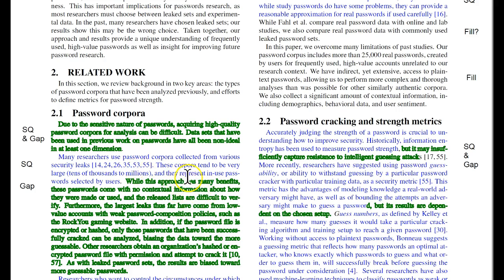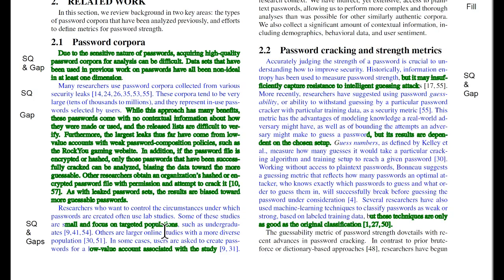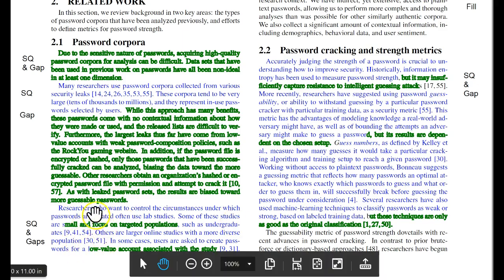They explain the corpora, and then they go into a lot of detail about the gap, that the problems with looking at passwords that have been collected from security leaks. So then they go to another status quo. "Some researchers have controlled the circumstances by doing lab studies," and then they cite a smaller number of lab studies here.